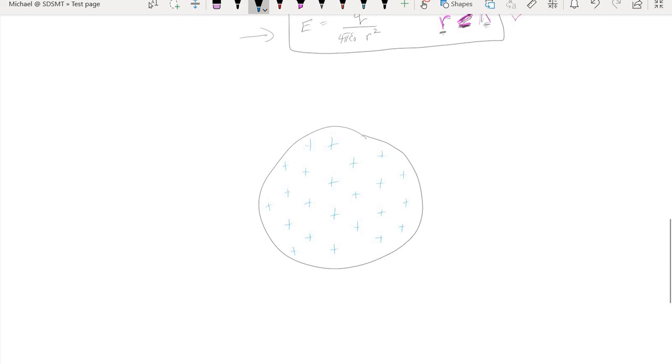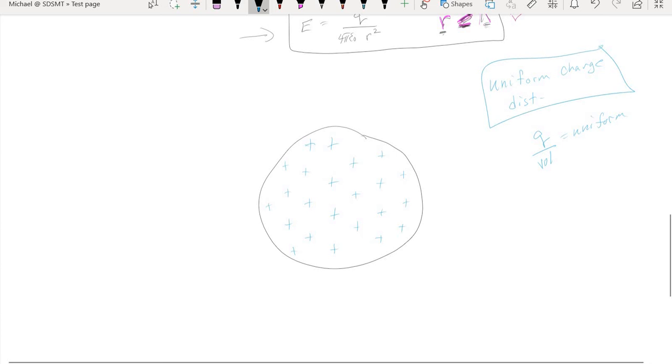It can't move. So I now have charge stuck inside this insulating material, but somehow we've magically been able to produce a uniform distribution of charge. So we've got a fixed amount of charge per unit volume everywhere inside this solid sphere.